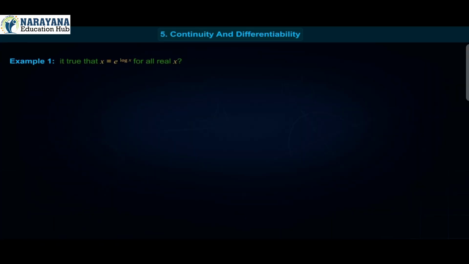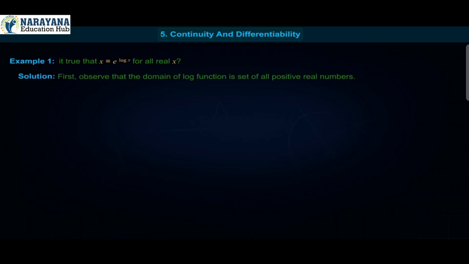Example 1. Is it true that x is equal to e raised to log x for all real x? Solution. First, observe that the domain of the log function is the set of all positive real numbers. So the above equation is not true for non-positive real numbers. Now, let y is equal to e raised to log x.